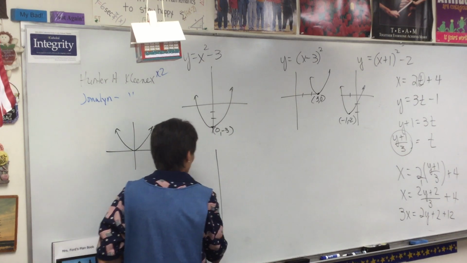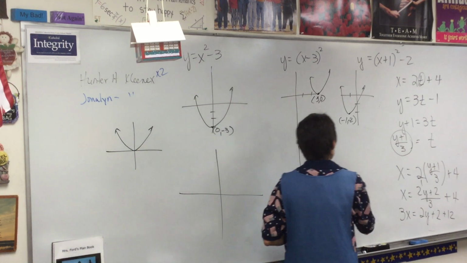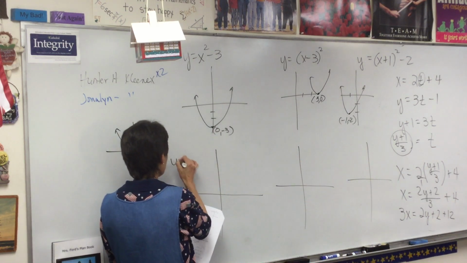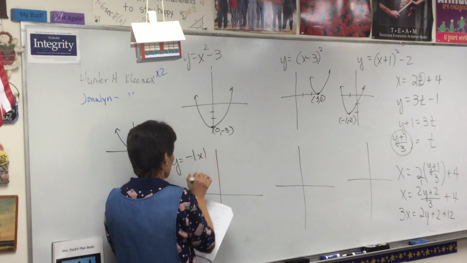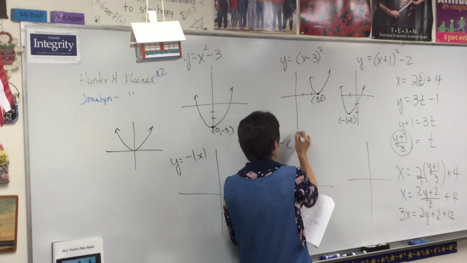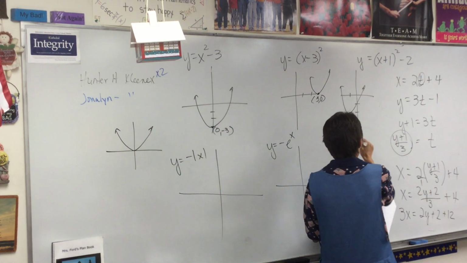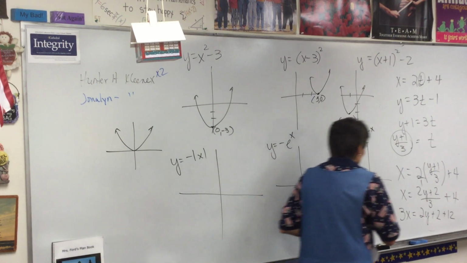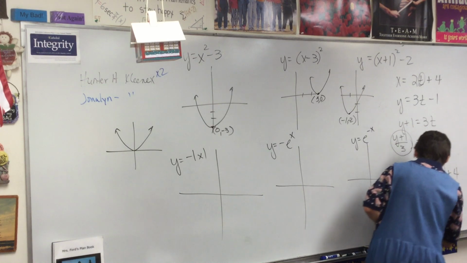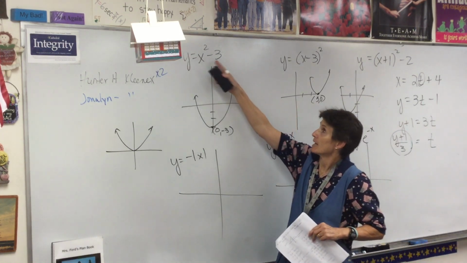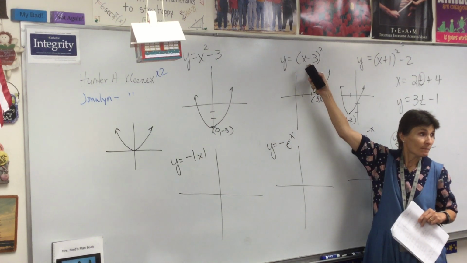Now the next set of problems are all different functions. And what we're talking about here is the impact of negatives. Now, you know how you can put numbers either outside the problem or inside the problem?